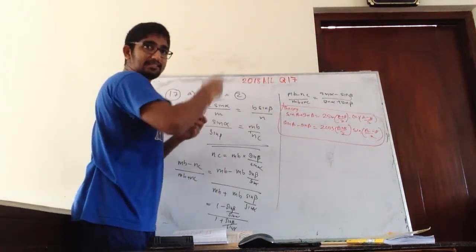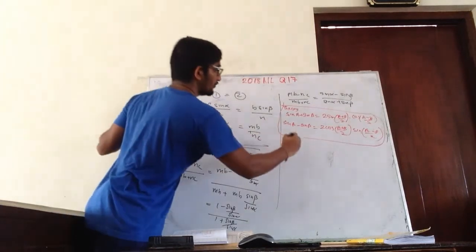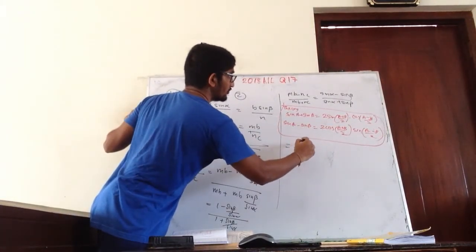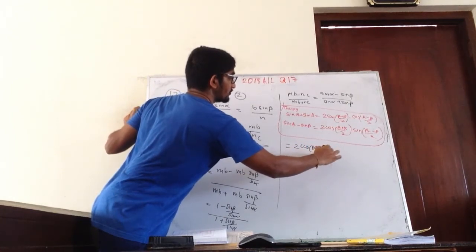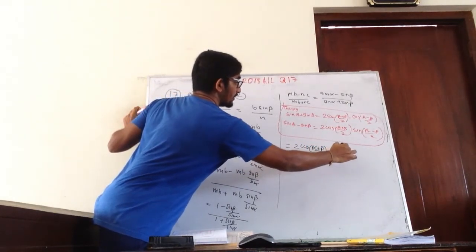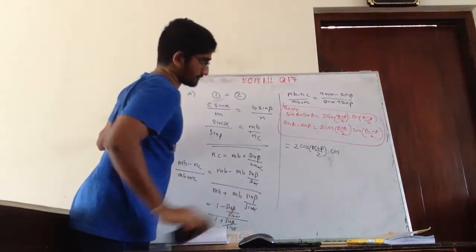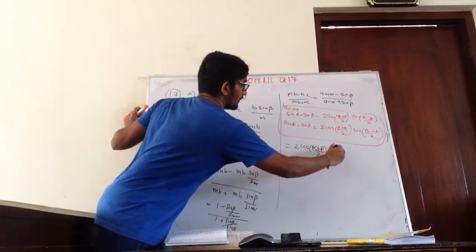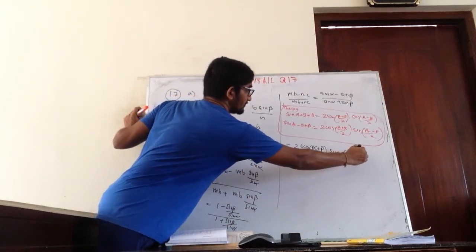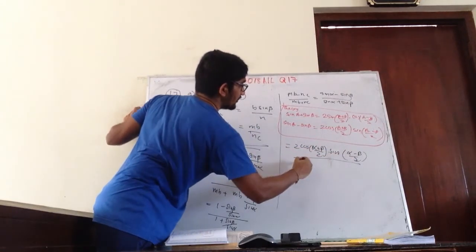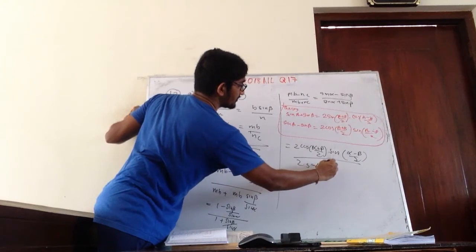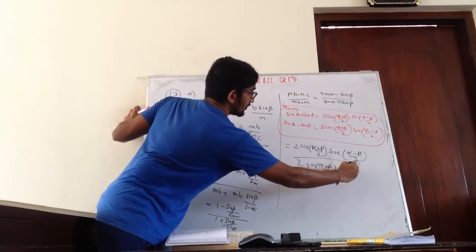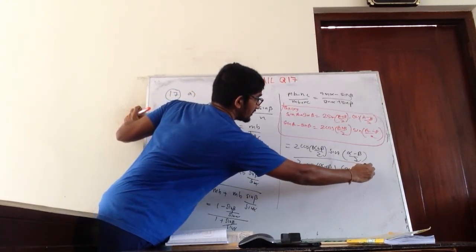So if you apply this here, you will get 2 cos alpha plus beta over 2 sine alpha minus beta over 2, over 2 sine alpha plus beta over 2 cos alpha minus beta over 2.